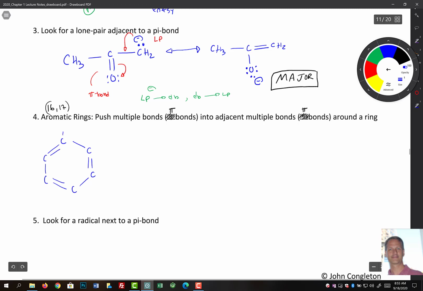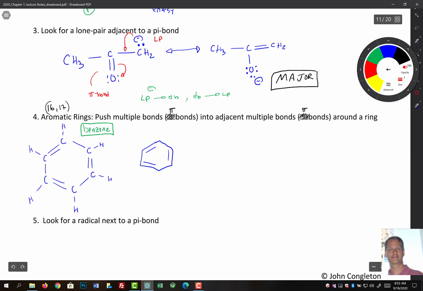And of course, there's H's all around this molecule. And this is known as benzene. Now, line structure wise, typically we would draw that out like this.